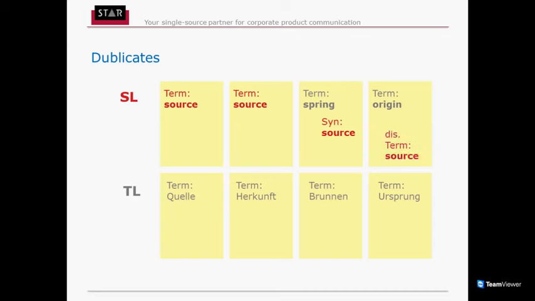Then also in, for example, disallowed term. Disallowed term is also a sub-entry of the main entry term and also is checked for duplicates. So Transit does a profound search and check for duplicates, not just the surface of the main entry, or better said, the source term.